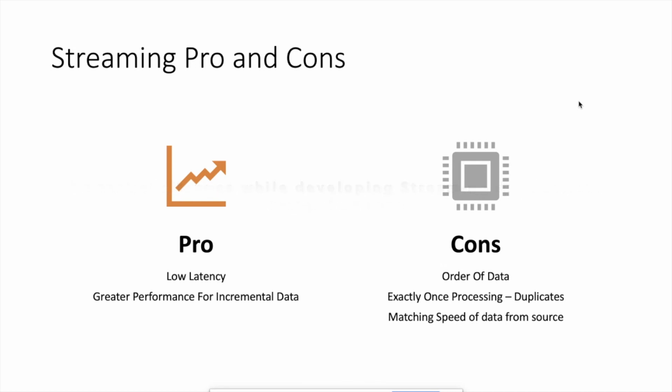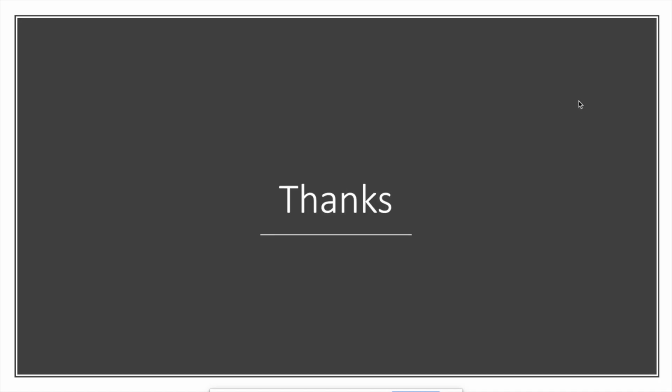You have to match the speed of your source. There could be a big backlog built up if you are not able to process your data properly. So performance is very key in streaming applications, and it could be a very big bottleneck in a lot of scenarios. That's all I had for this particular video.